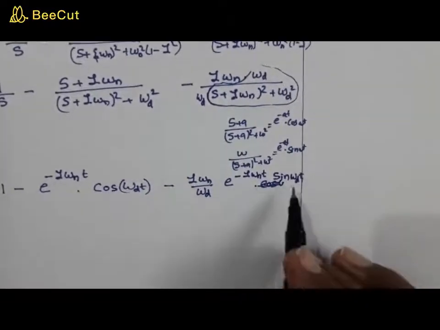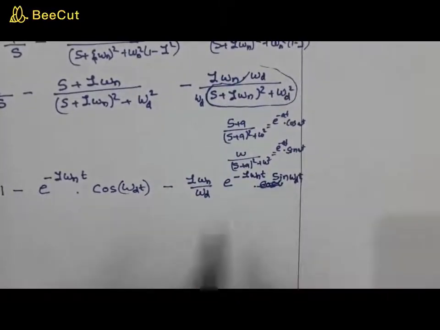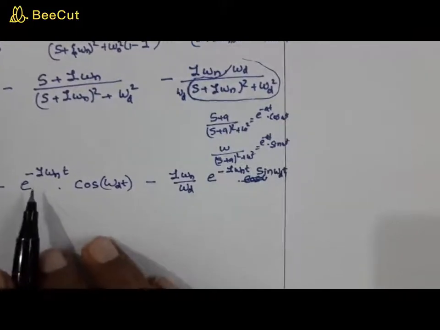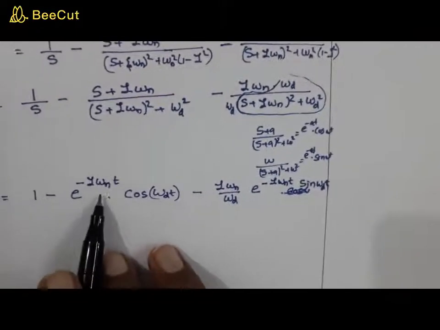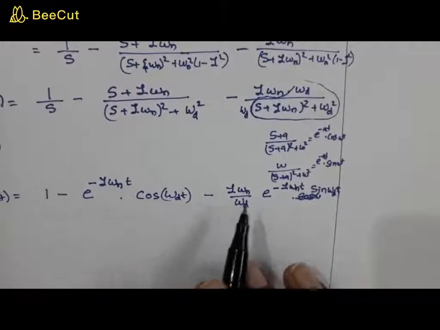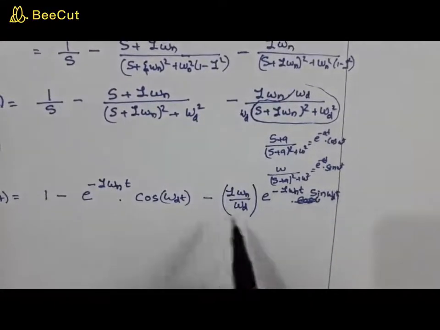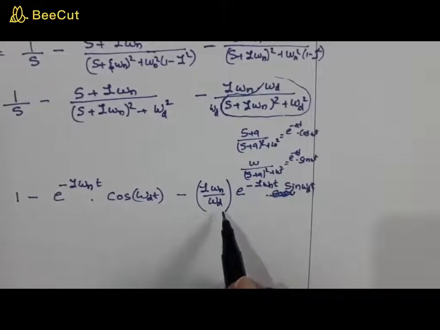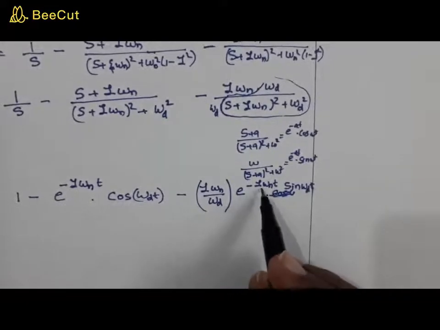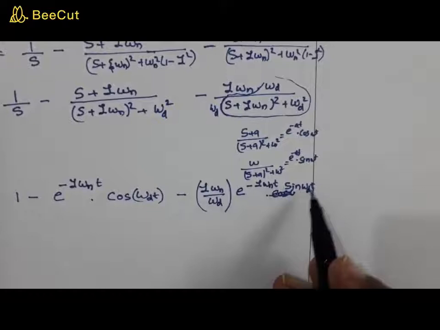So this is sine omega d t. So this is 1 minus e raised to minus theta omega n t into cos omega d t minus theta omega n by omega d. Do remember, you have an extra term into e raised to minus theta omega n t into sine omega d t.